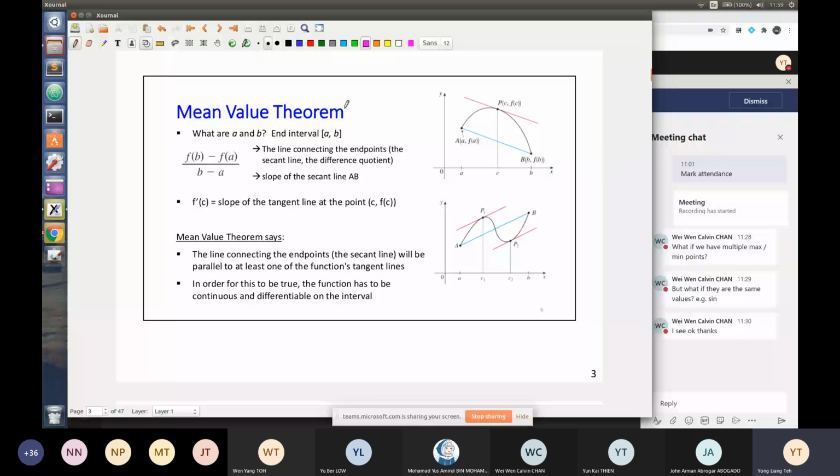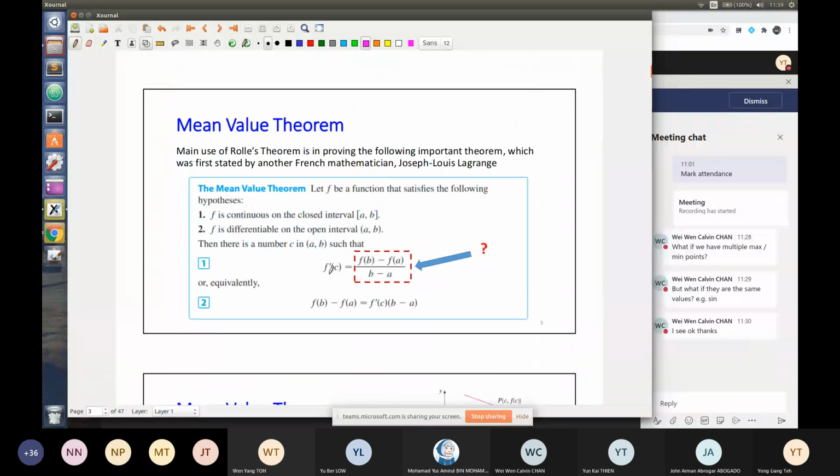Okay, so in order to be true, the function has to be continuous and differentiable on the interval. Those are two very important conditions. So this is the whole idea of MVT here. And what is this? This is actually the gradient of the secant line.